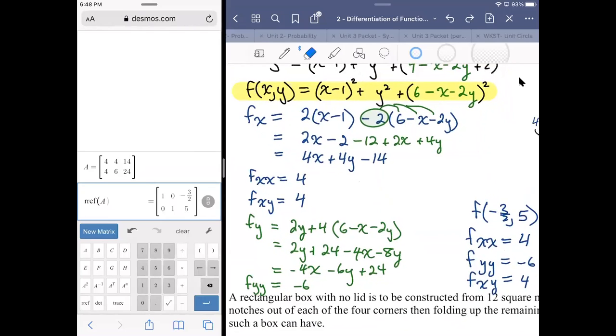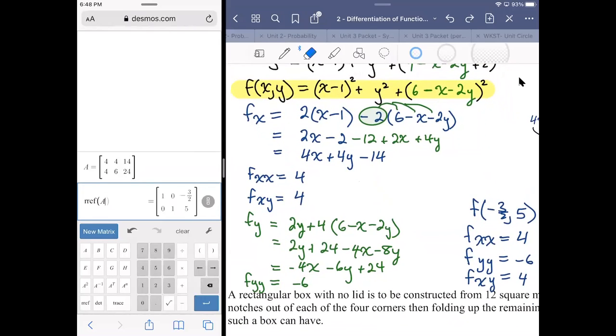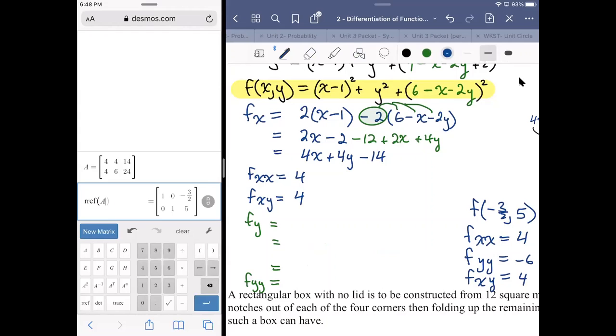So what I did for some reason is I was working off of f sub x instead of f sub xy when I was pulling the coefficient. I don't even know why. So let me just clean this up. Just for the sake of clarity, I'm gonna do the f sub yy part again.